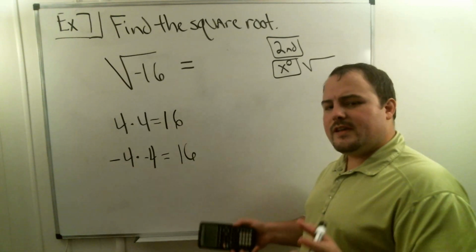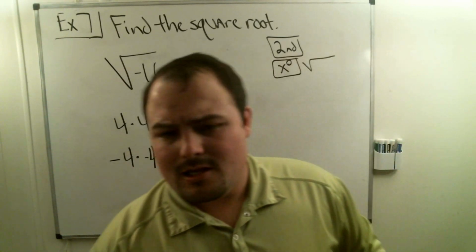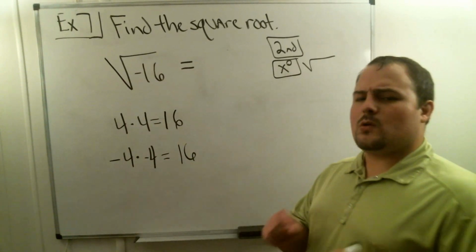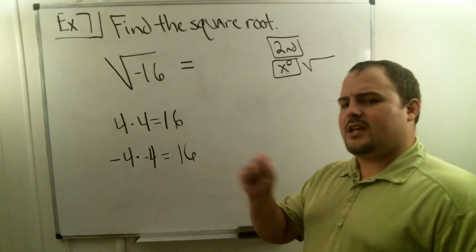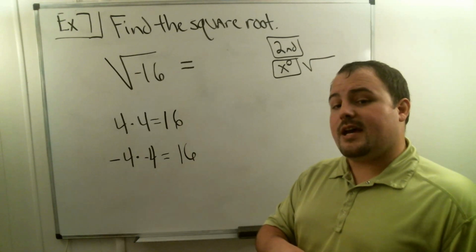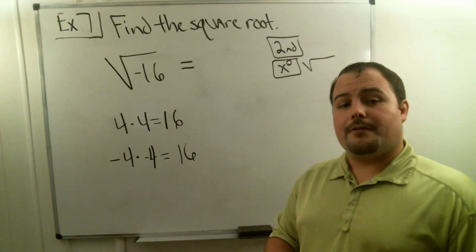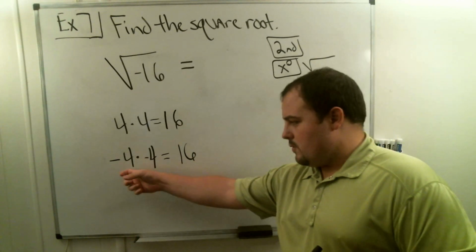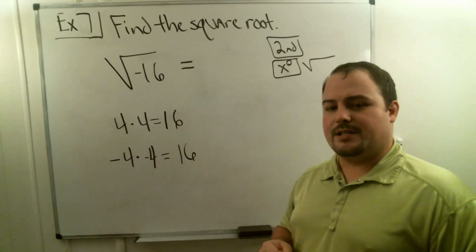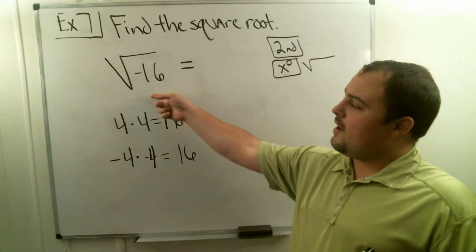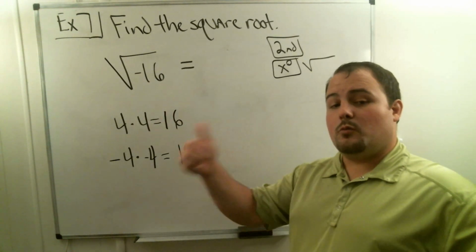The reason why there's an error is because you cannot take the square root of a negative number. Two of the exact same numbers that multiply together will never, ever equal a negative. Two negatives will always be a positive. Two positives will always be a positive. In order for them to ever have a negative, one has to be negative and one has to be positive.